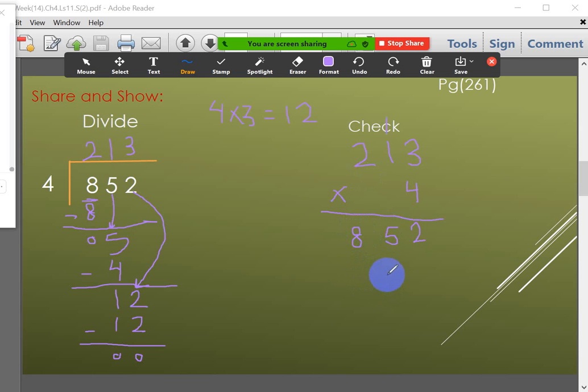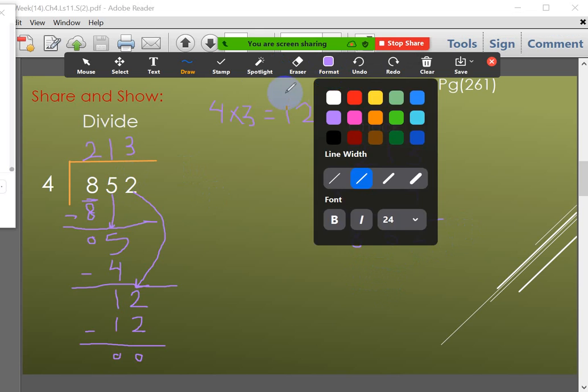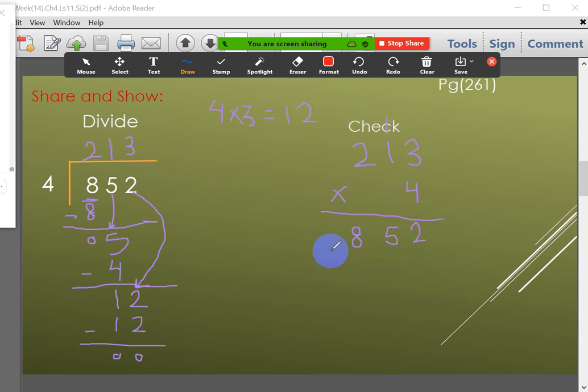So look, the answer is what? 852. The same dividend. This answer is the same as the dividend. That means my quotient is correct. So this is how I will divide.